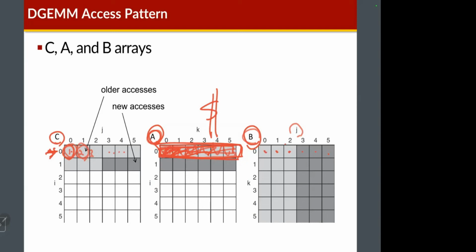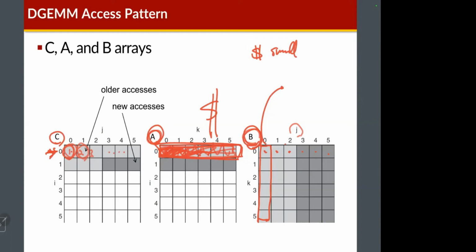Do you follow me? The problem is that if the matrix size is very large and the cache size is small, the row vector of matrix A is not a problem. A is reused again and again in the cache. But if the cache size is small and the matrix size is large, when this column is referenced, this column is stored in the cache, right?